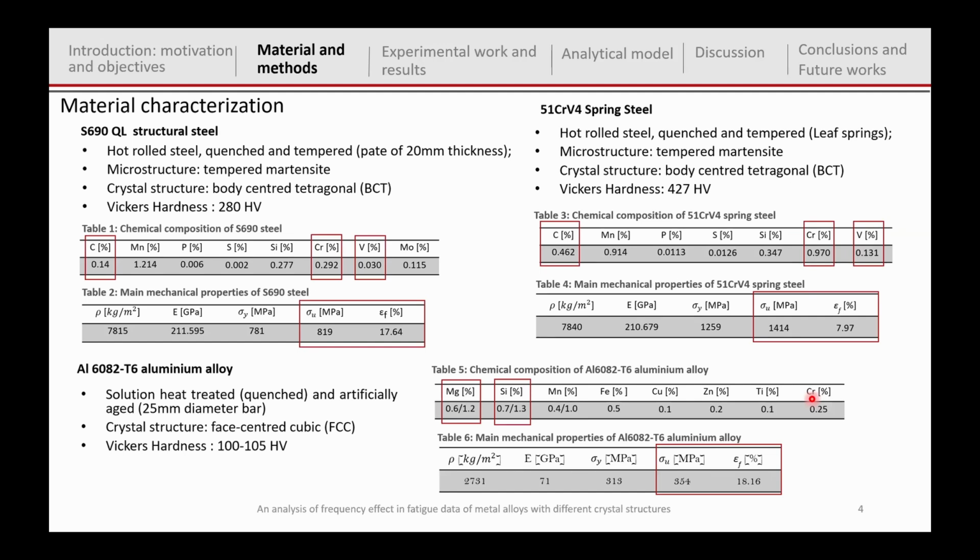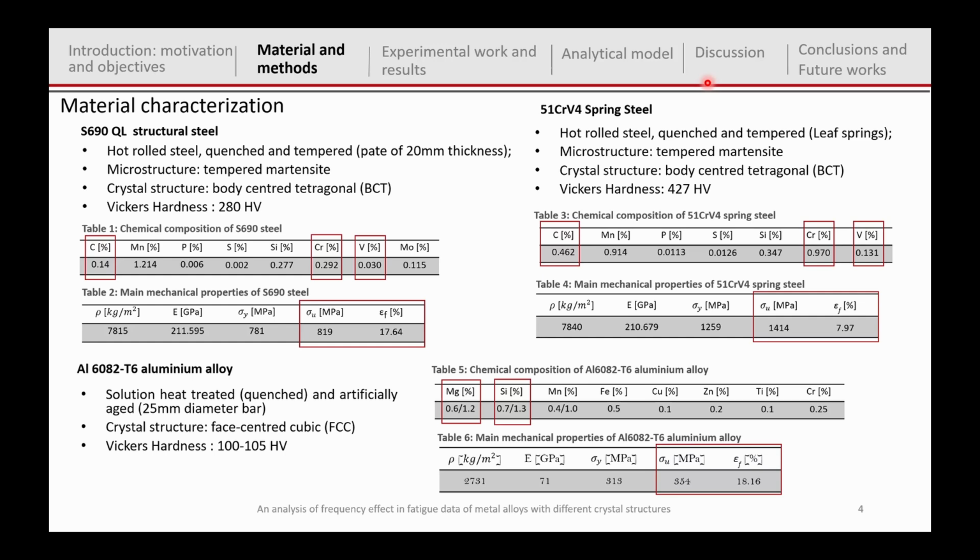So basically, we studied 3 different materials. We studied a structural steel, a spring steel, and an aluminum alloy. Of course, the structural steel and the spring steel are very similar. They both have a body-centered tetragonal crystal structure. They show tempered martensite microstructure, and they also have a considerably high ultimate strength.